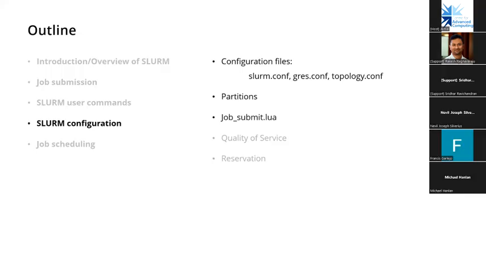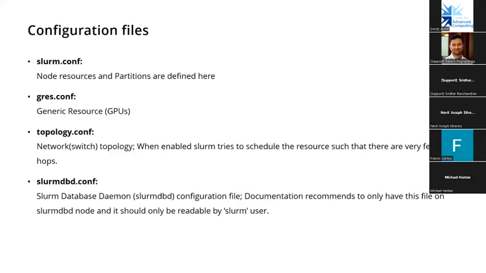A set of nodes are combined together into logical units, and these logical units can have overlapping nodes. Essentially, that's what partitions are. And job_submit.lua is used on the Alliance clusters to redirect jobs that come in into a certain partition. These are the 3 things that I'll be discussing in this particular session.